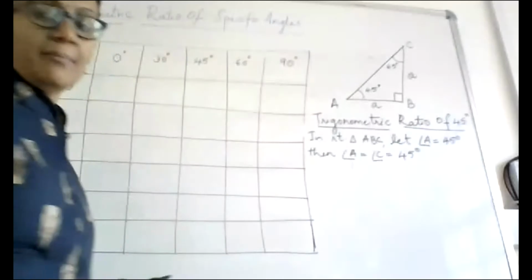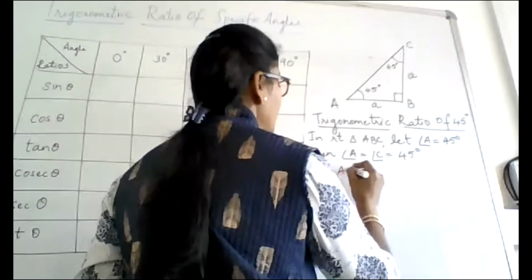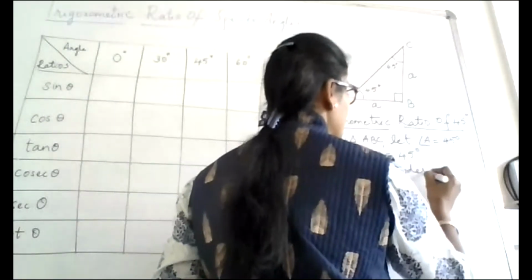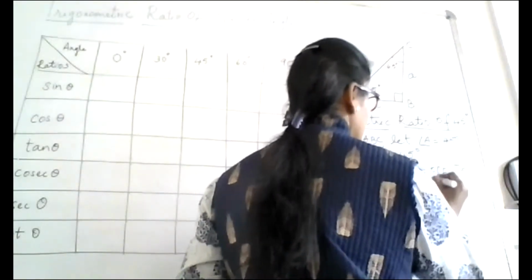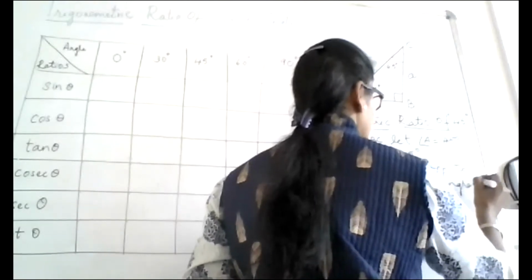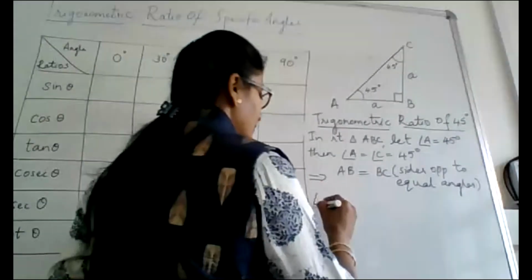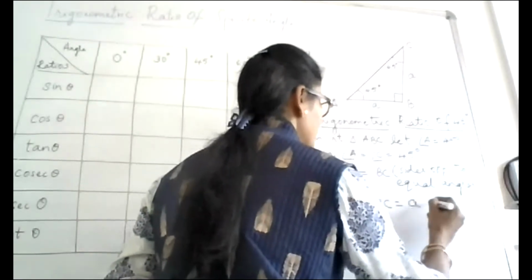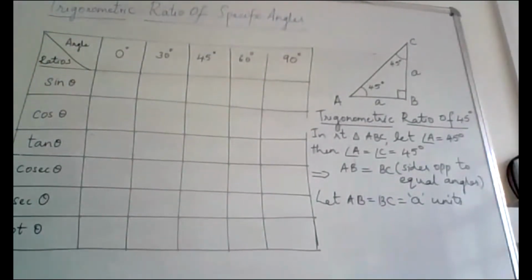So this will imply that AB equals BC because those are sides opposite to equal angles. Let AB equals BC equals some A units. I have taken it as A units.